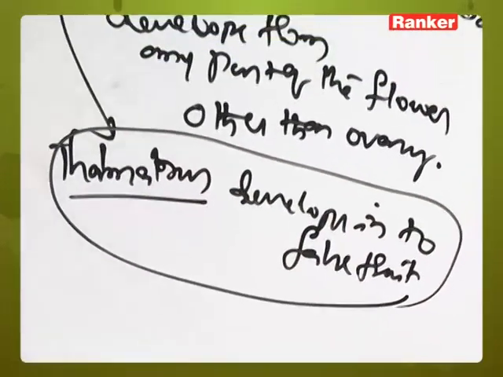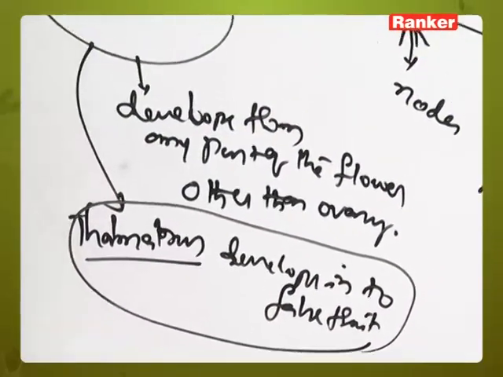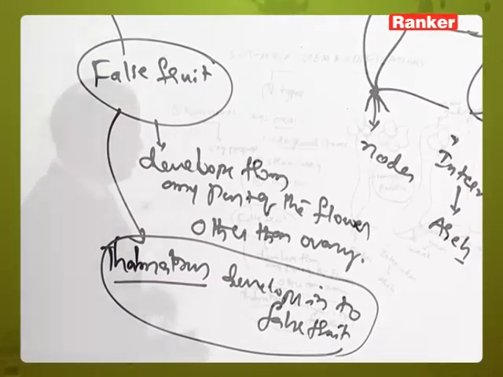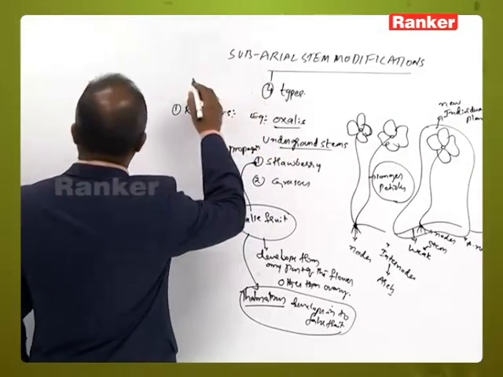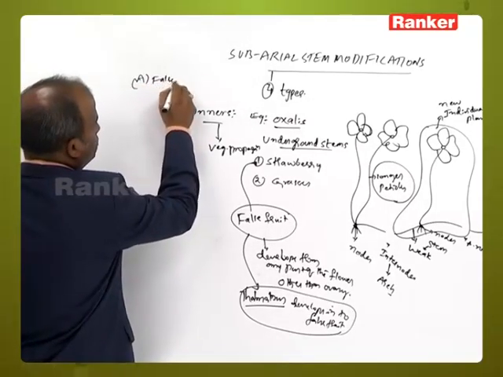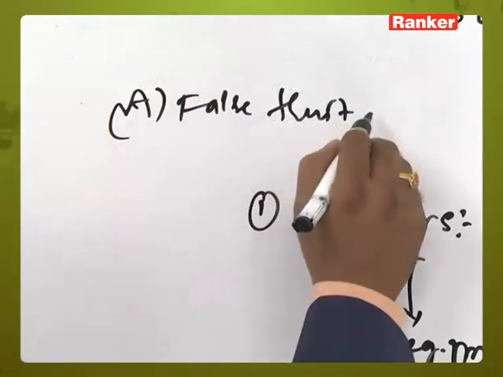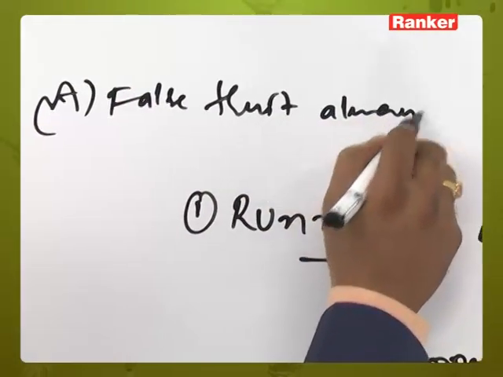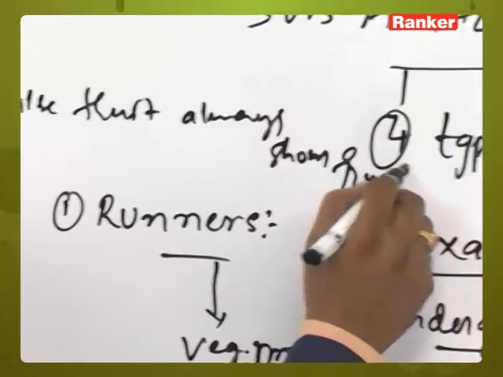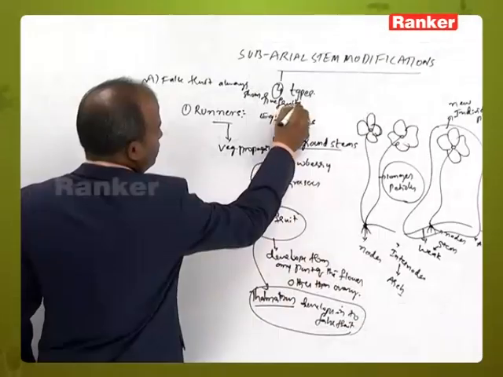And one more thing, a false fruit always shows a combination with a true fruit. That means a false fruit always shows a true fruit.